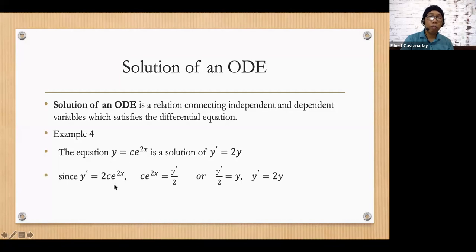If we differentiate both sides of the equation, the first derivative of y is y prime with respect to x. Take note that the unknown function is y and the independent variable is x. Differentiating with respect to x, you copy the constant c, and the derivative of e raised to 2x is e raised to 2x times the derivative of 2x, which is 2 dx over dx, so the dx cancels.